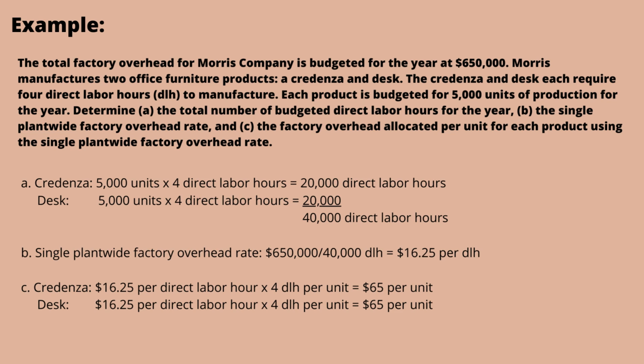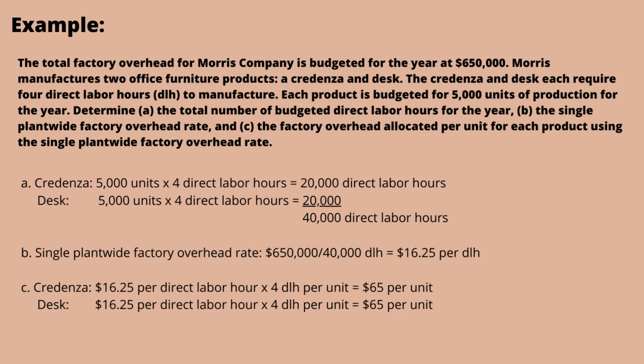Since we are given a uniform budgeted product volume of 5,000 units and direct labor hours of 4 hours, Credenza and Desk have the same number of budgeted direct labor hours for the entire year, which is 20,000 each, with a total of 40,000 direct labor hours.